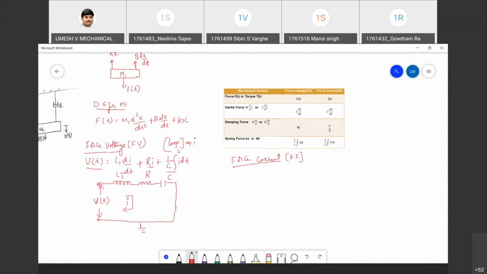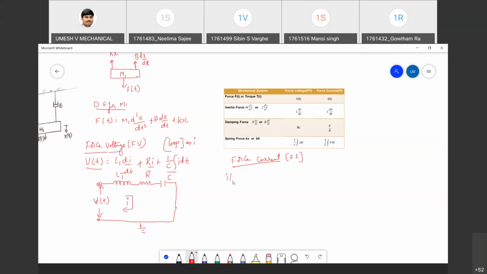Look at here. Now can you write the equivalent force current equation by referring to the mechanical differential equation? Force current, third last column. F of t equals i of t.